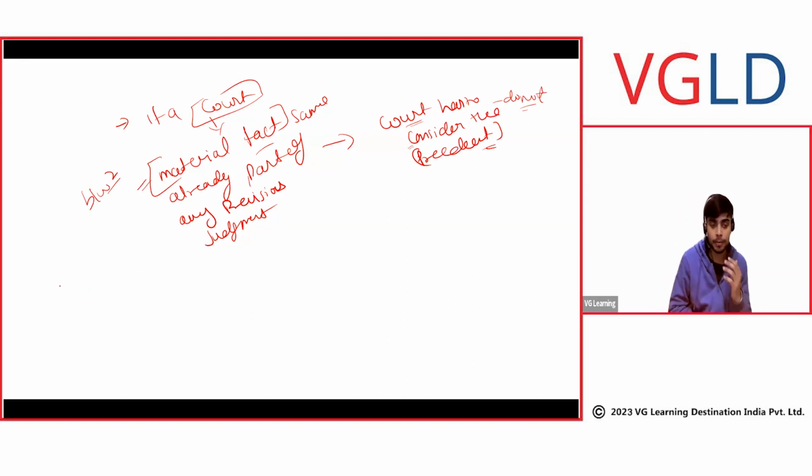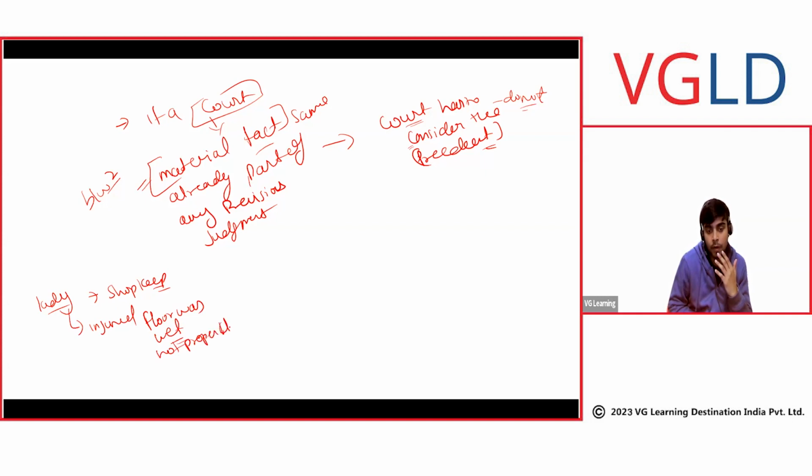It would continue what was the previous decision. Let me give you an example. Let's say a lady goes to a shopkeeper, and in their shop, the lady got injured. How? The floor was wet, not properly cleaned. Now this lady goes to court and files a case against this shopkeeper.